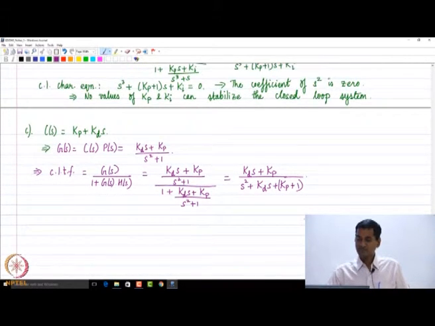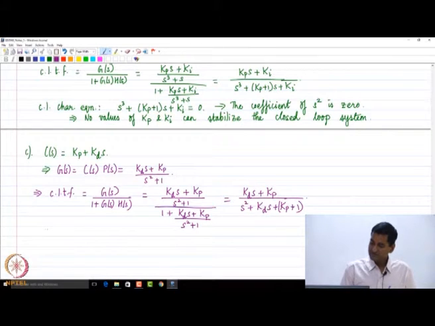So that's what we have. This implies that the closed loop characteristic equation is s squared plus Kd s plus Kp plus 1.